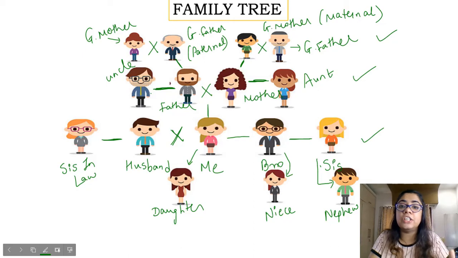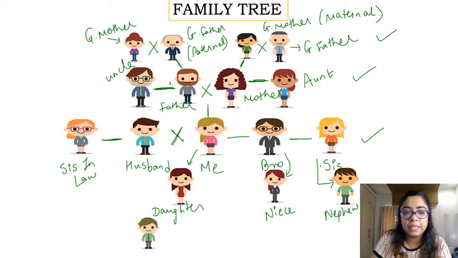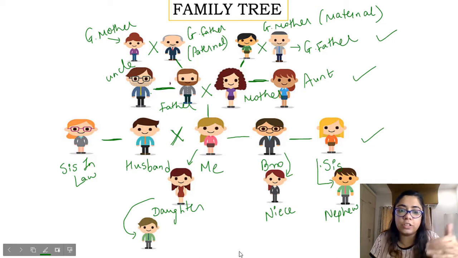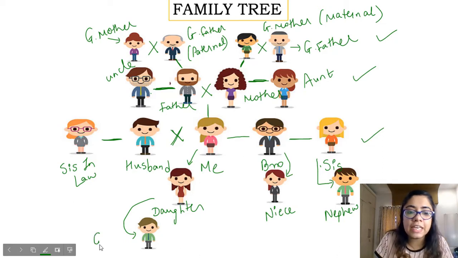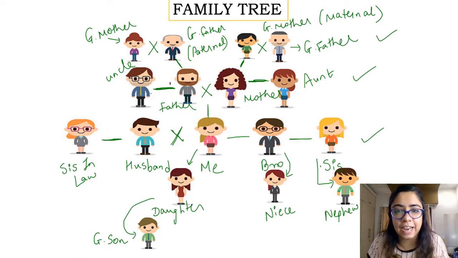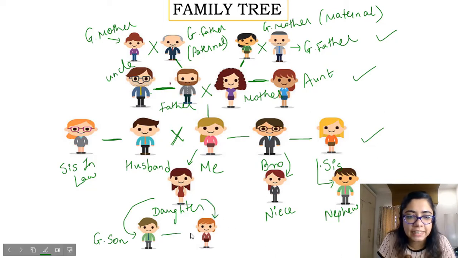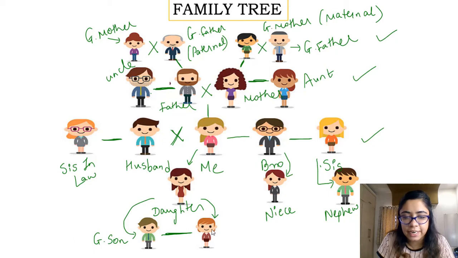Now, let's look at a generation below them. Let's say my daughter has a son. My daughter has a son, so he is my grandson. Okay, he is my grandson. Let's say my daughter has a daughter also. So basically these two become siblings, right? And she is my granddaughter.